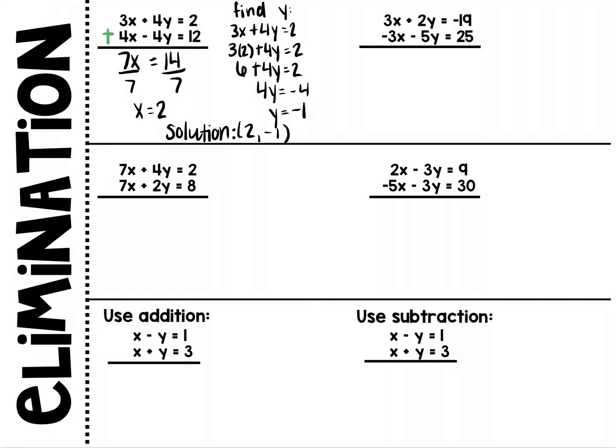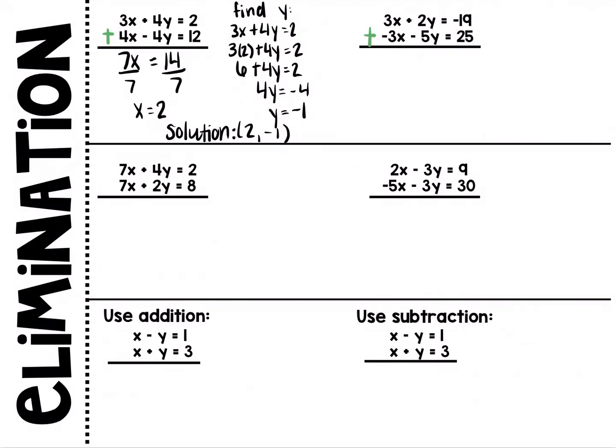Let's look at the second one. I have 3x plus 2y equals negative 19, and negative 3x minus 5y equals 25. If you notice, these two have the same coefficients, just opposite signs. That means we're going to add.